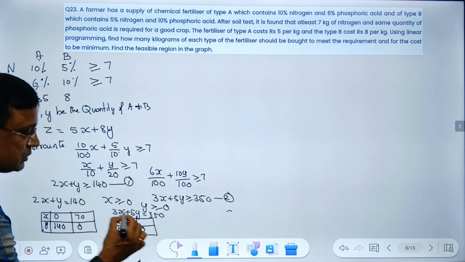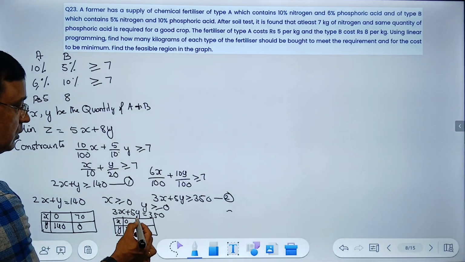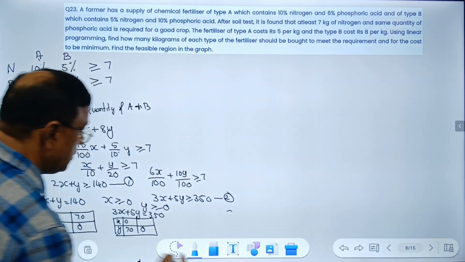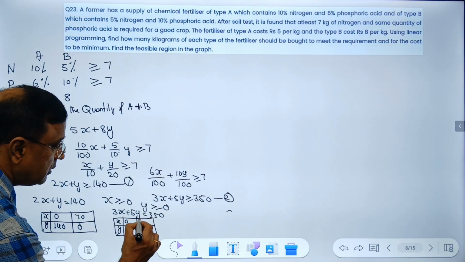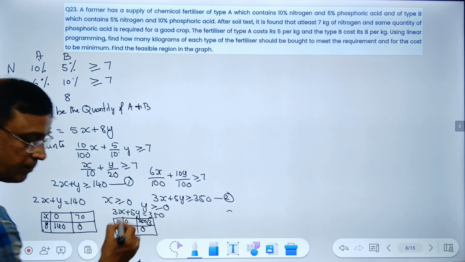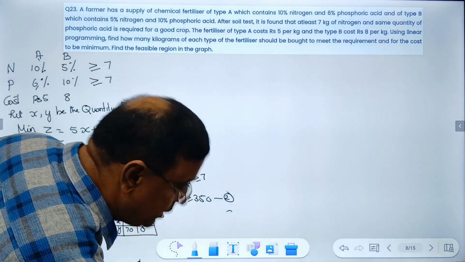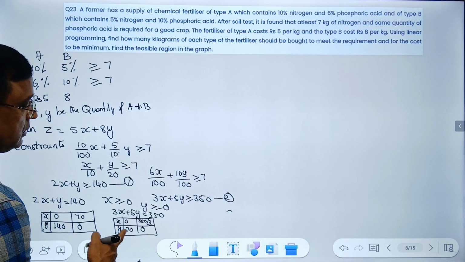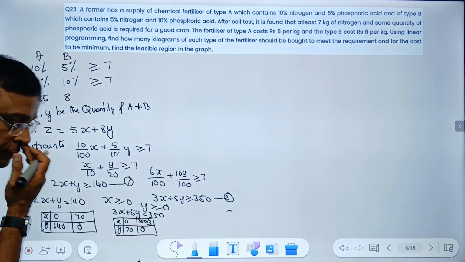When y is 0, x will be 350 by 3. Okay, 350 by 3, does it go correctly? 3 ones are 3. No, it doesn't go. So 350 by 3.